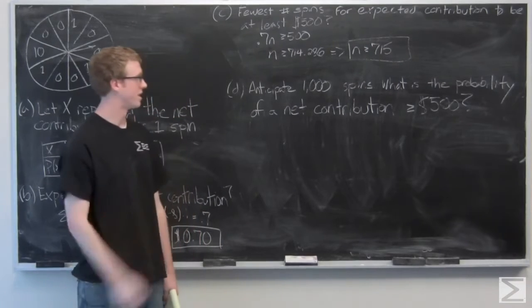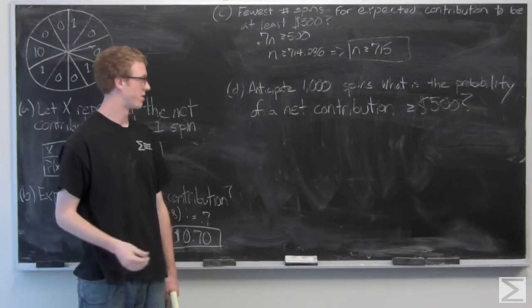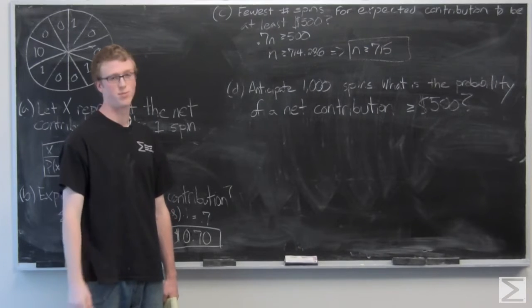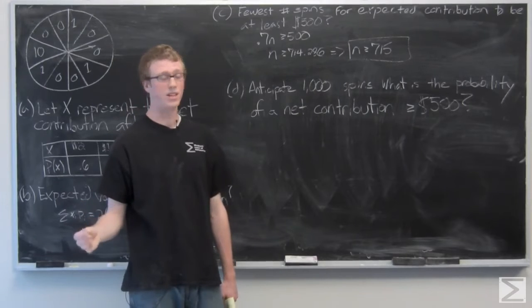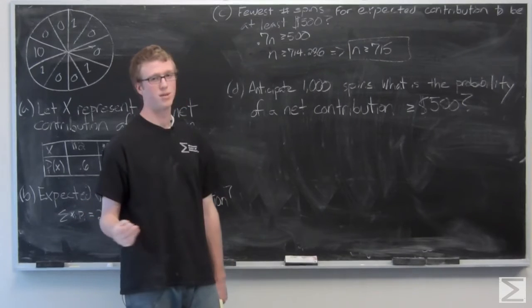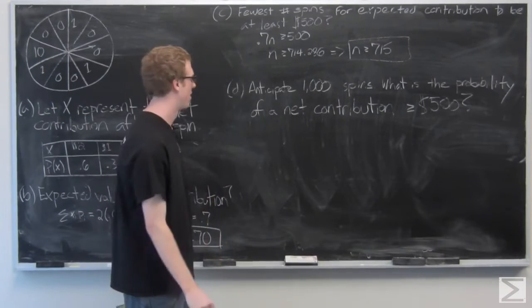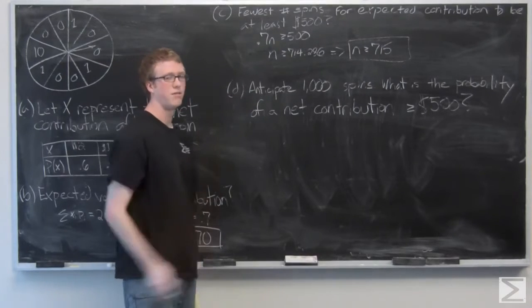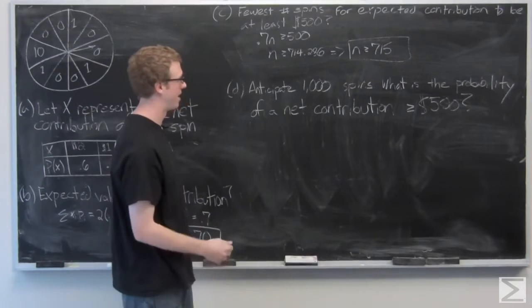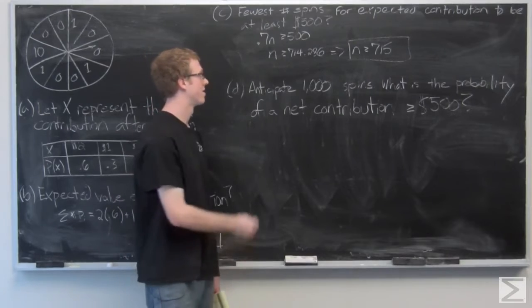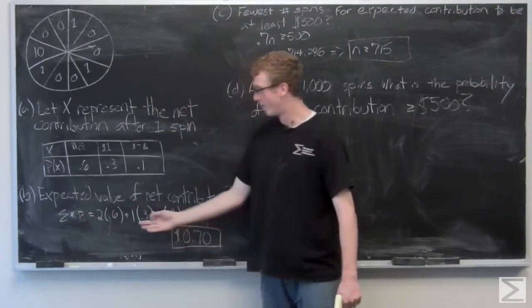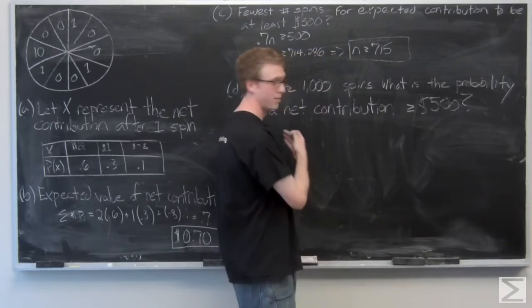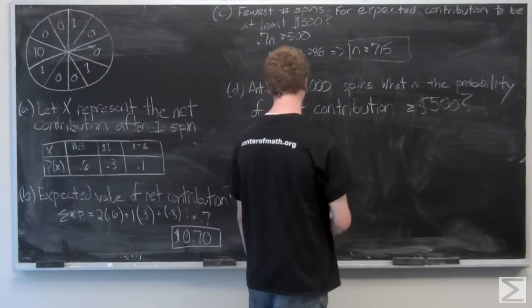So now in part D, we're getting told that the charity gets 1,000 spins of the wheel, and they're asking us for what the probability is for the net contribution to be over $500. Well, N is equal to 1,000, and the expected value is going to be N times what we calculated in part B. So really it's just going to be 1,000 times 0.7.